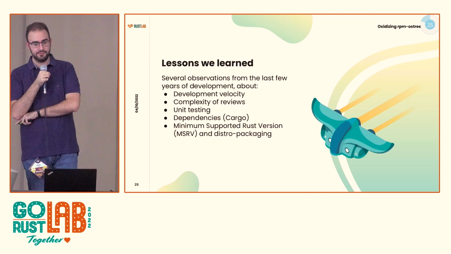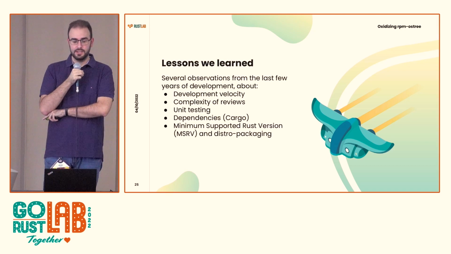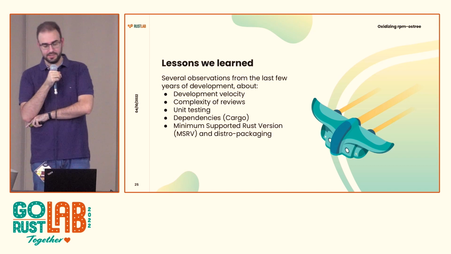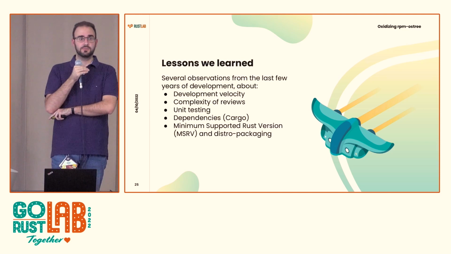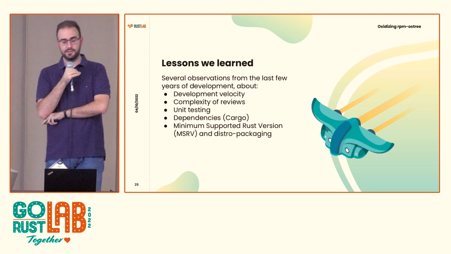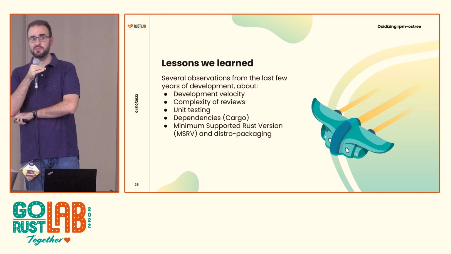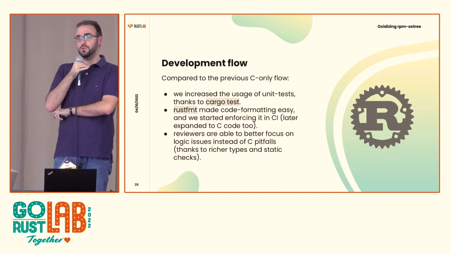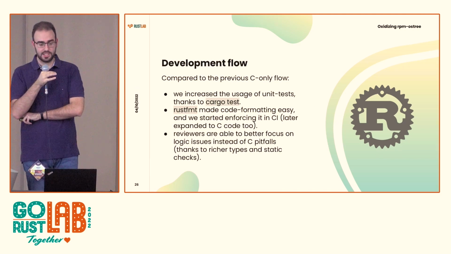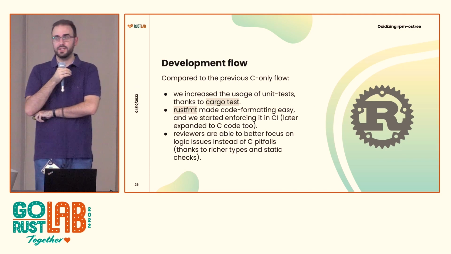And so we learned a few lessons while doing this. I'm going to split them more or less into two categories. One category is related to the development flow itself. And the other category is related to the ecosystem and how to ship the software. So on the development flow, which is the one where I'm mostly exposed to, it was great.